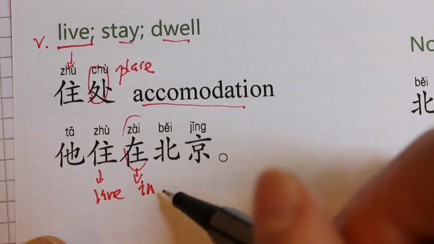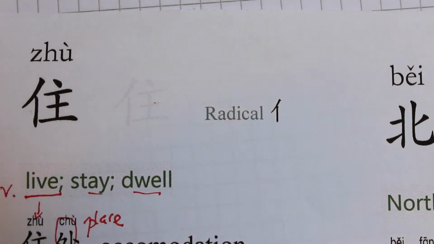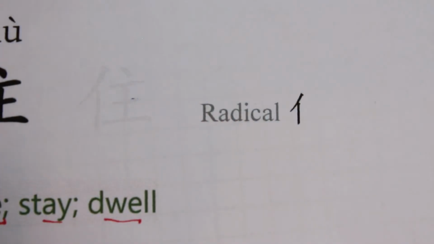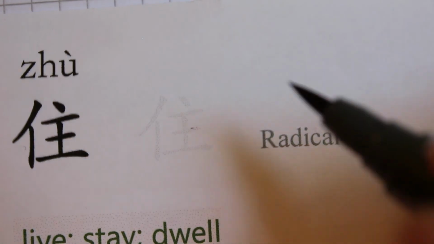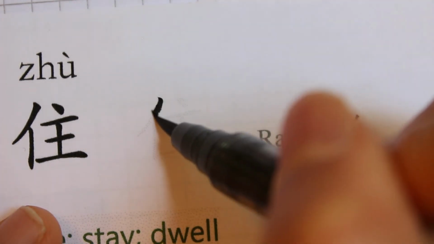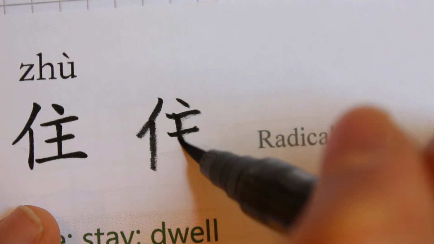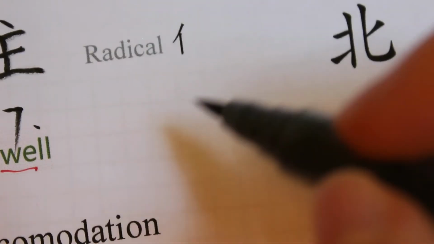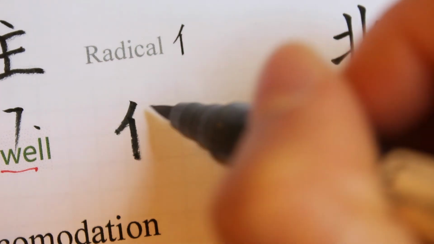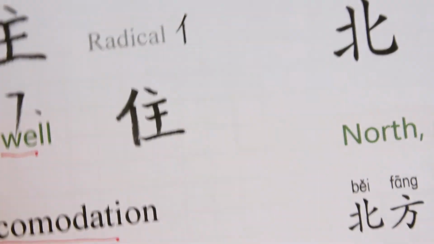He lives in Beijing. Now let's try to write 住. 1 2 3 4 5 6 7. So 住 has 7 strokes.